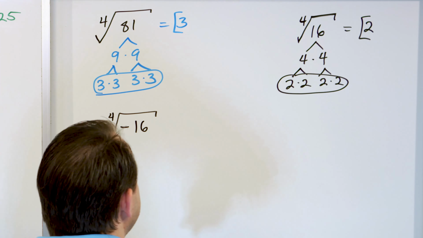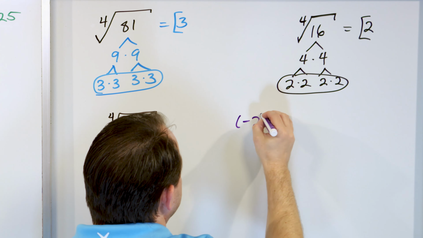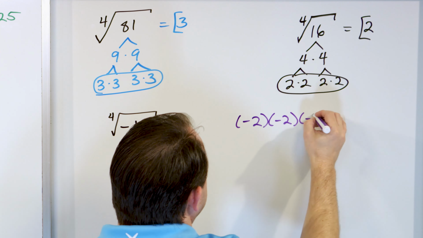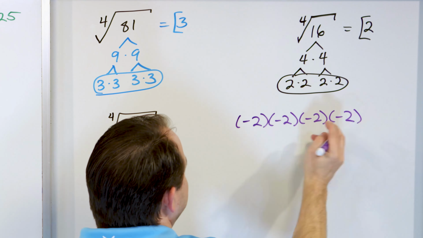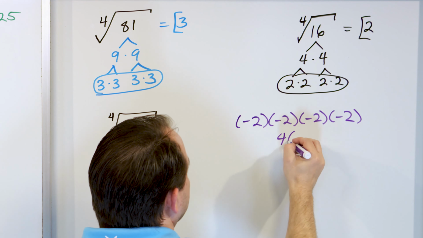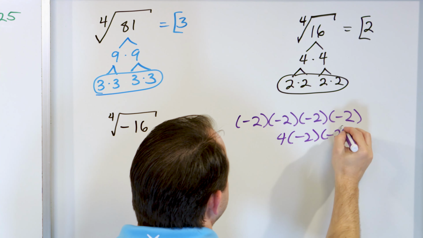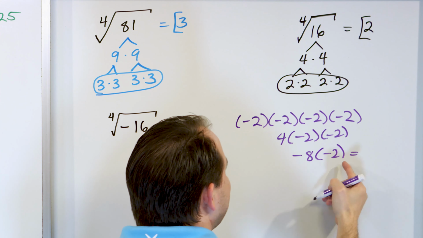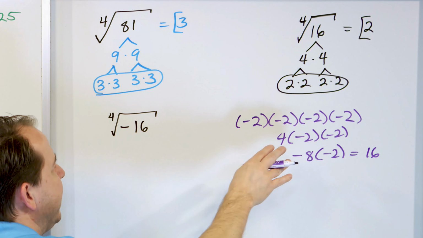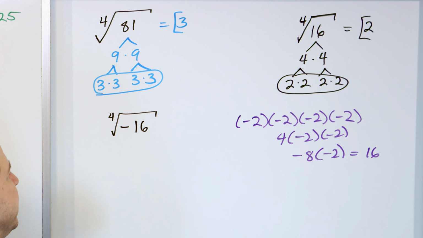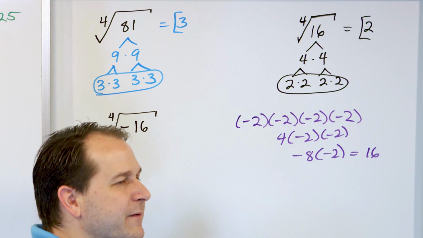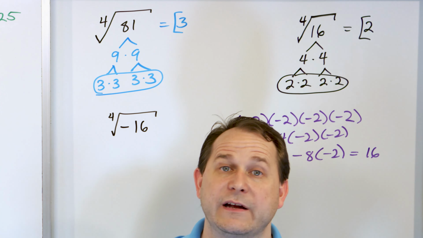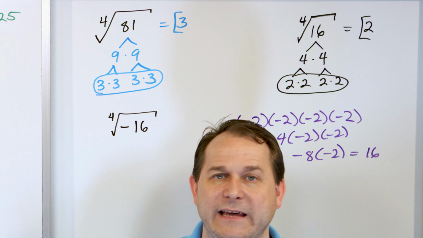So in other words, if I guess that the answer might be negative 2 times negative 2 times negative 2 times negative 2, what's going to happen is this will give me positive 4. But when I multiply this, it will give me negative 8. And then the answer to this is positive 16. So there's no way that I can take the fourth root of negative 16, because even if I choose positive 2 as the answer or negative 2 as the answer, I get the same problem I get with the square roots.